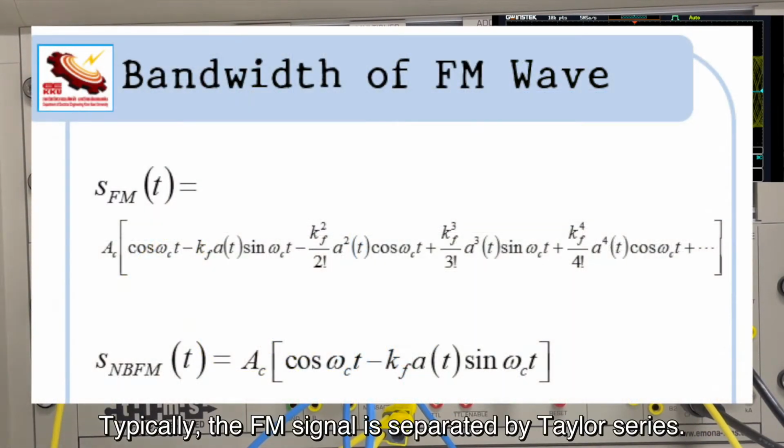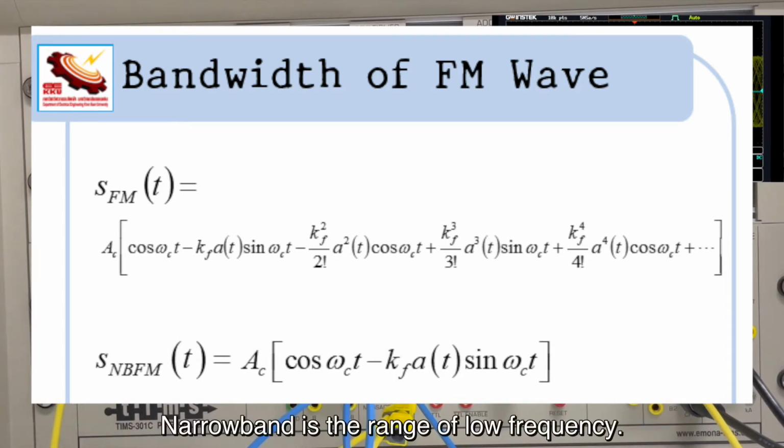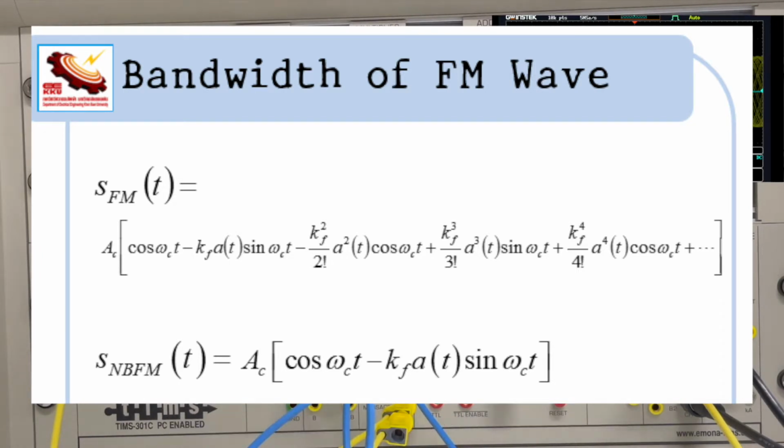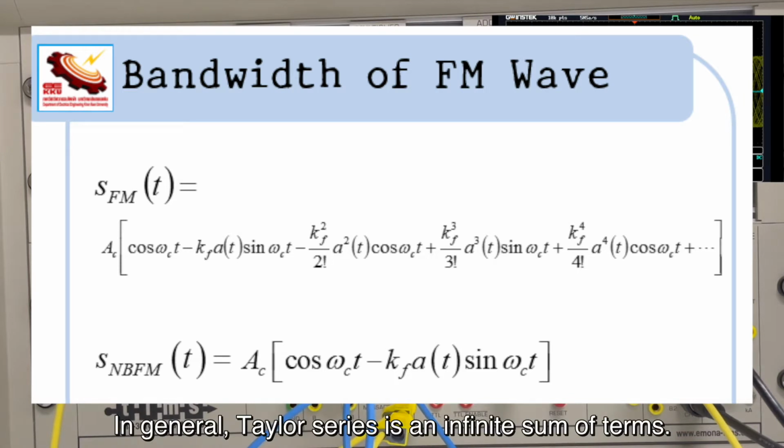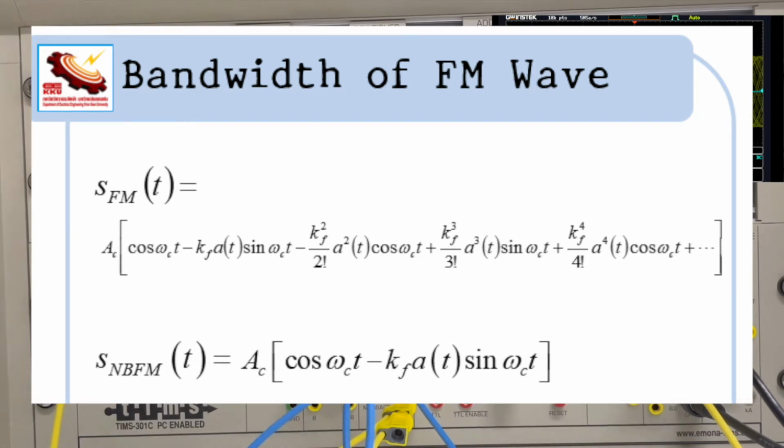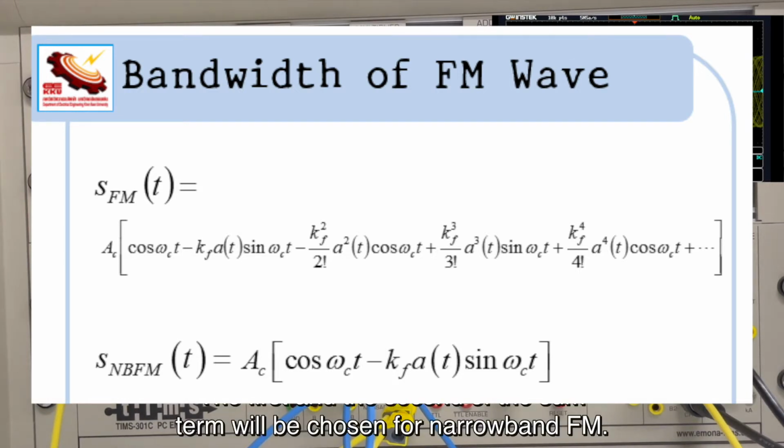Typically, the FM signal is separated by Taylor series. Narrowband is the range of low frequency. In general, Taylor series is an infinite sum of terms. The first and the second terms of the sum will be chosen for narrowband FM.